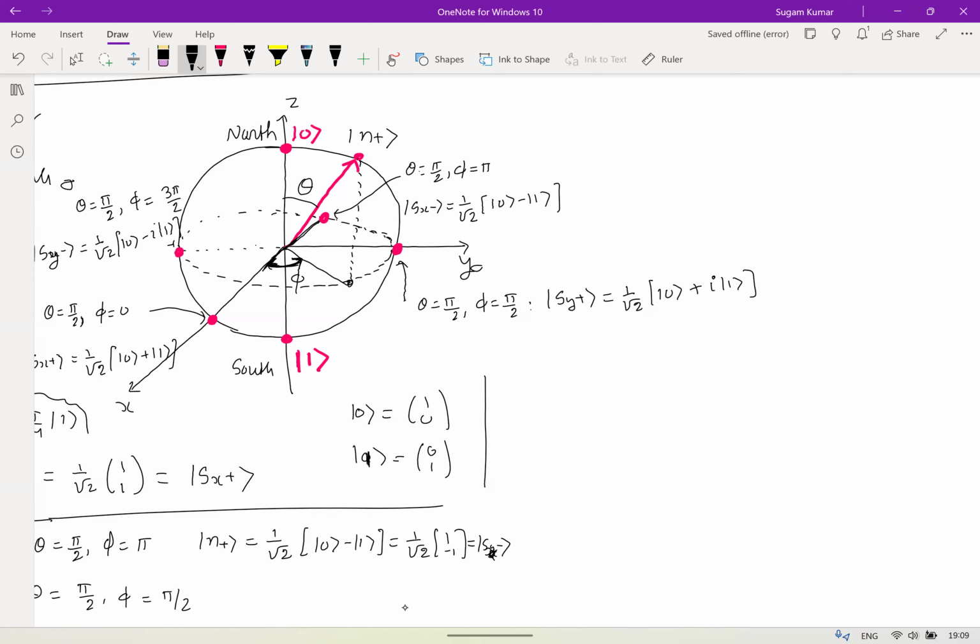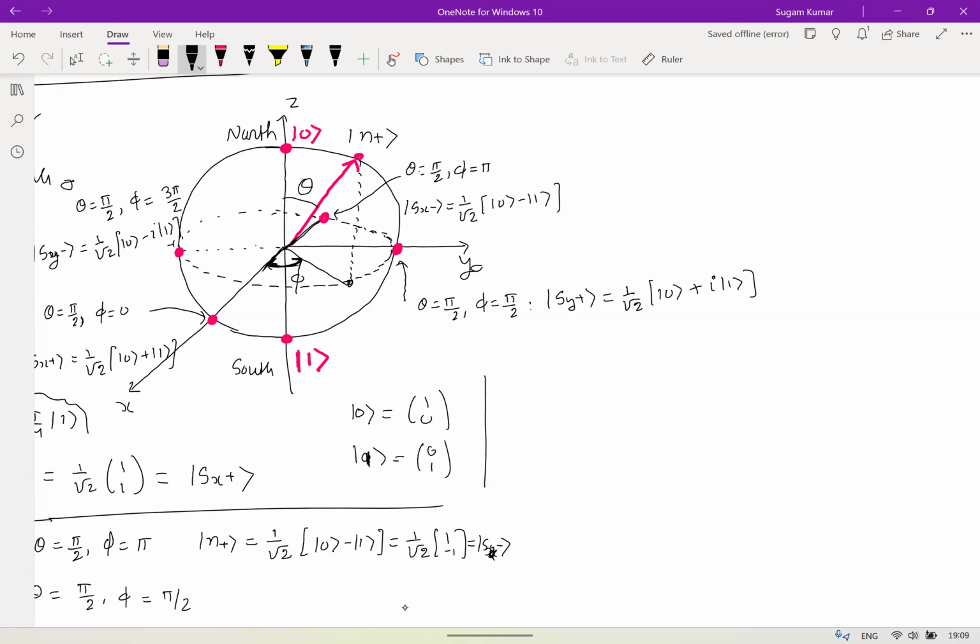But then the operators like S_x, these are explicitly for spin, no? The Bloch sphere concept will be the same, but the mathematics will be different, no? Mathematics will be different, yes. Yeah, 100% true.